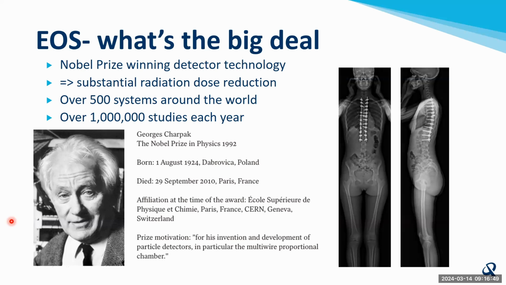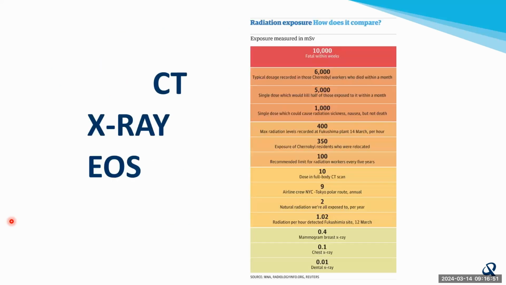So when thinking about the radiation of CT, X-ray and EOS, this is a bit of a logarithmic scale. You've got the fatal dose up here, 10,000 millisieverts, radiation sickness at 1,000, and then 100 about halfway down, and then 10 millisieverts, which is a full body CT rough guide, and then the yearly radiation we get is about 2 millisieverts, and then a chest X-ray is way down here at 0.1, just as an idea.